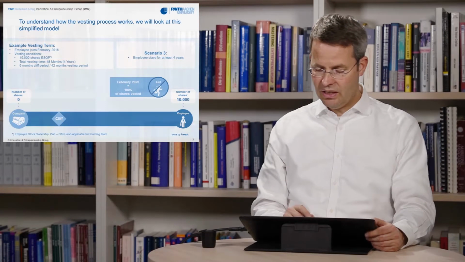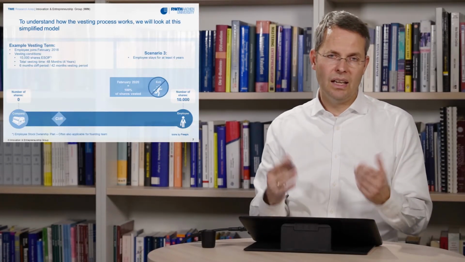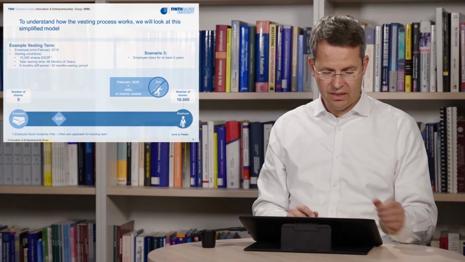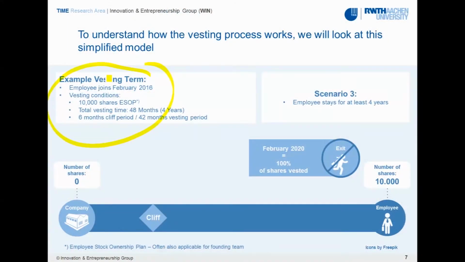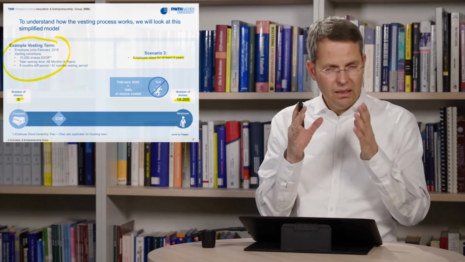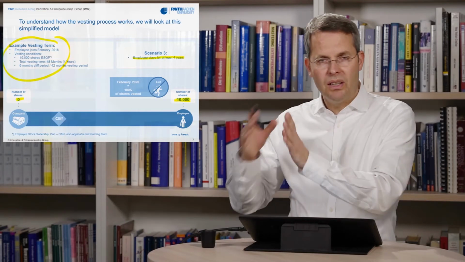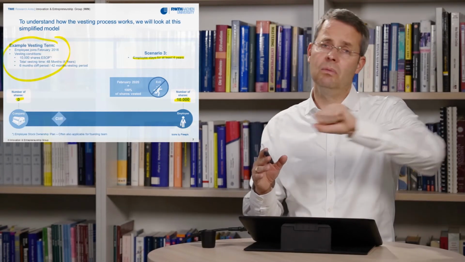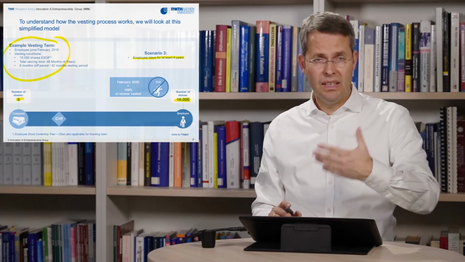Let's take a next scenario, and then you probably have a good idea of what vesting means. The same example with the vesting terms we had before. The employee stays for at least 4 years, maybe longer. What does he get? He gets the full number of 10,000 shares, and the company doesn't have any of the shares left. And this is how employee stock option programs, ESOPs, are made, and this also could be part of the VC contract with the entrepreneur, but in most cases also for the ESOP.